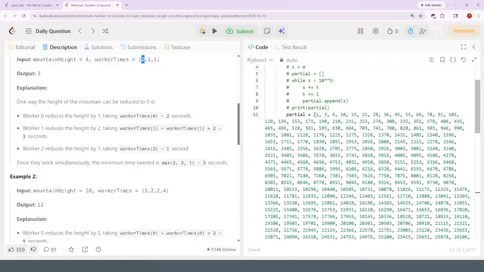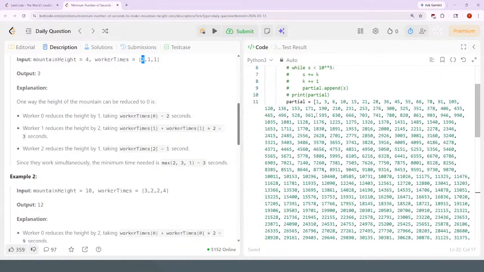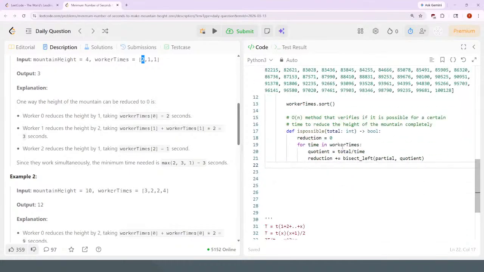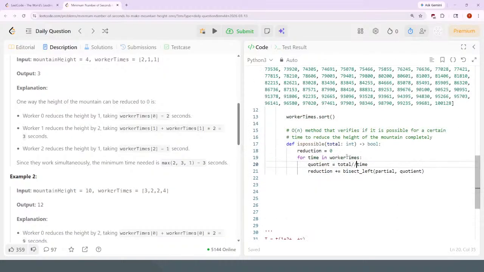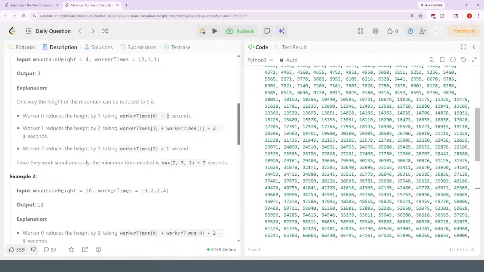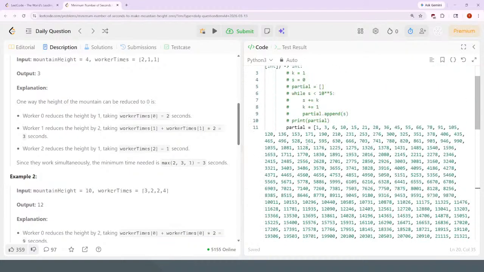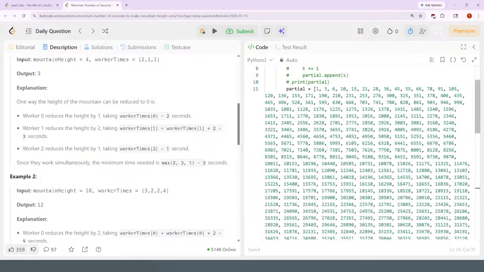No, I think I need to round this down. The quotient is just 1. And then if I search for 1, it'll give me 0. So should this be plus 1?